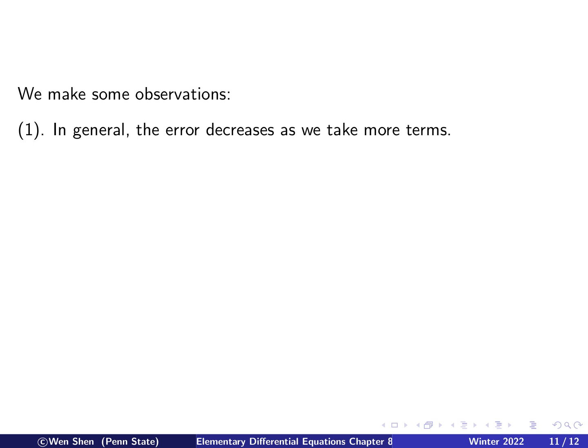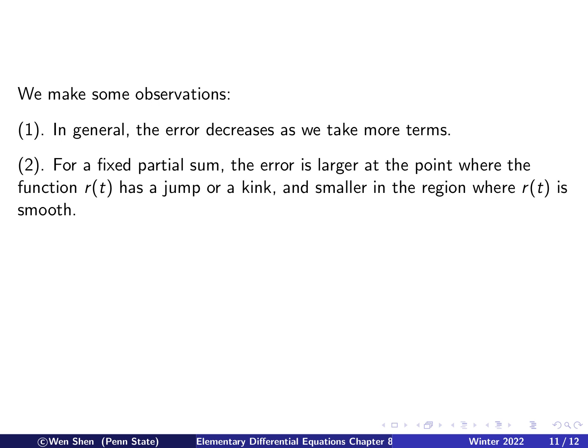Okay, let's make some observations, and it's always important to observe patterns. First, we see that in general the error decreases as we take more terms in the partial sum. And second, for a fixed partial sum, for any of the functions y1, y2, y3, or y4, we see that the error is larger at the point where the function r has a jump or a kink.